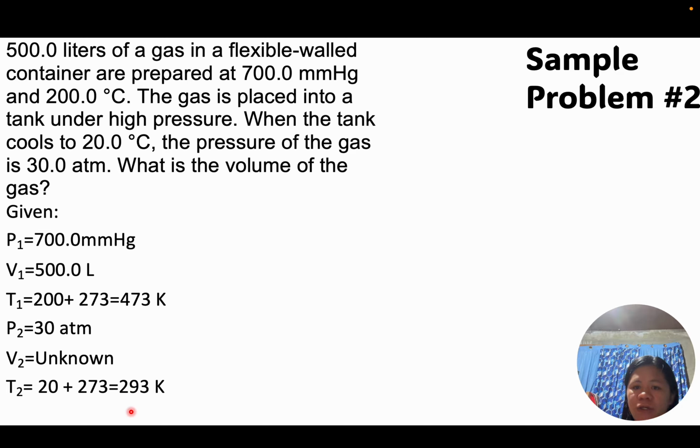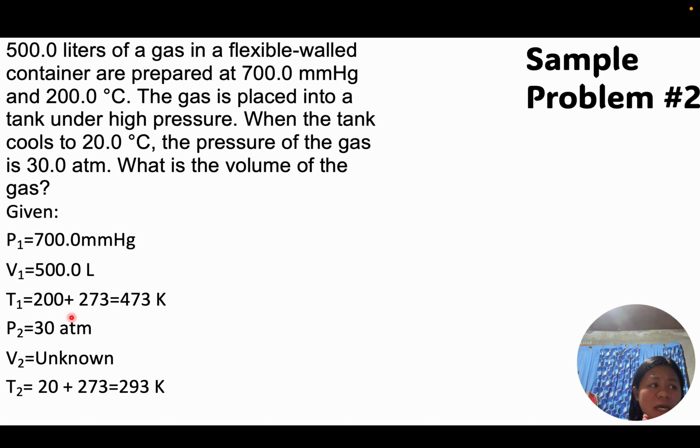Okay? So, if na-notice niyo na merong different unit na meron sa given natin, especially ang pressure. 700 mmHg yung P1 natin, ang P2 natin is 30 atm. So, hindi sila same ng unit, so dapat i-figure out natin ito.